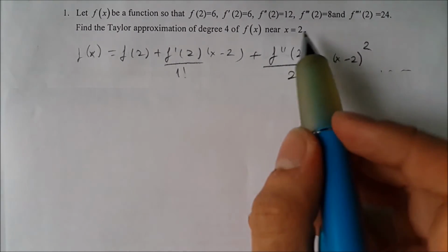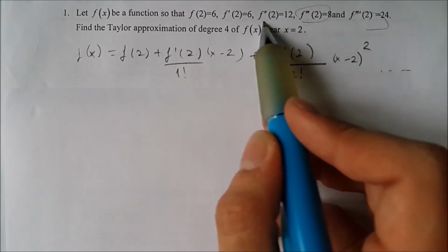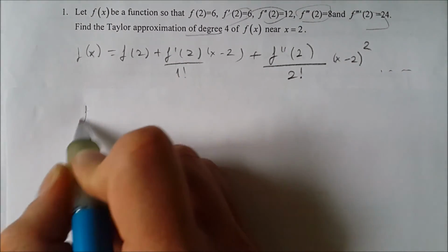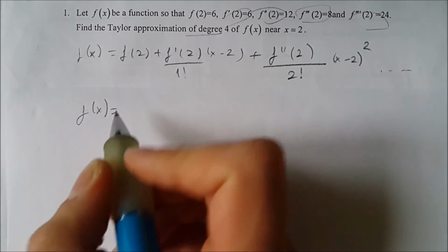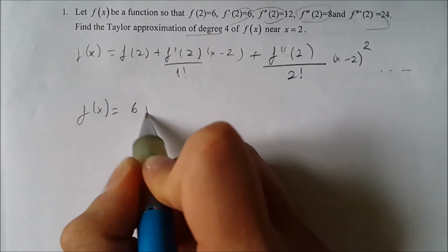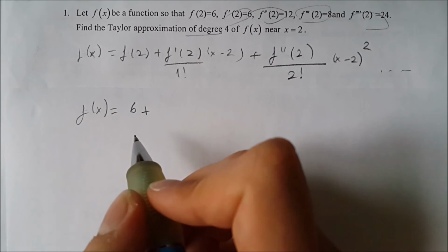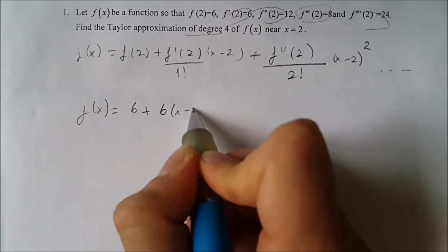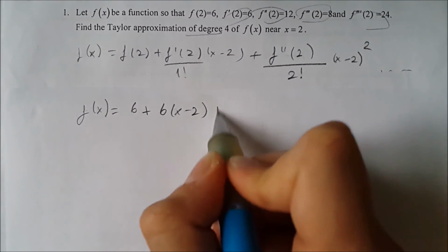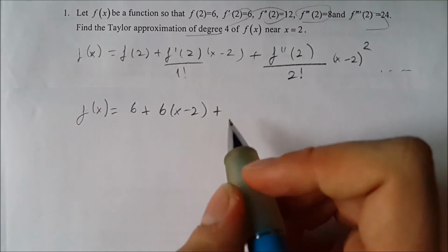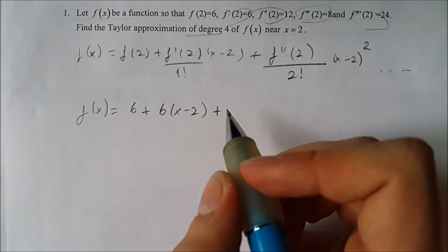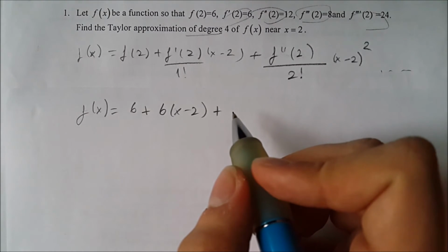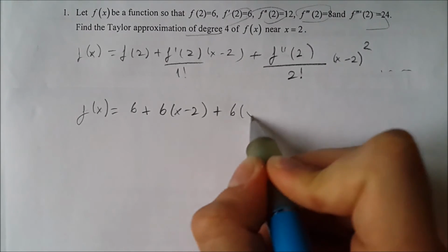So if you put in the numbers that we are given to write our 4th degree approximation, we would get f of 2 is equal to 6, f derivative at 2 is equal to 6 times x minus 2, plus the second derivative is equal to 12. If we divide it by 2, then we would get again a 6.